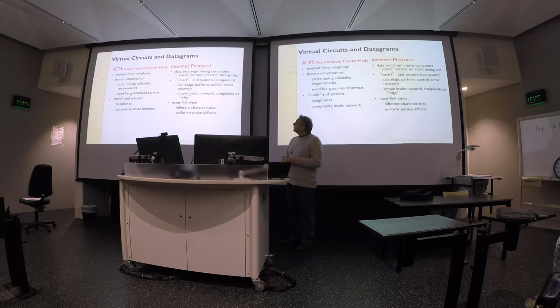Nice thing is, because it's ad hoc, it's elastic, it's best effort, there can be quite a lot of adaptation going on, quite a lot of performance controlling, packet filtering, all sorts of things like that, and a lot of complexity can be done. It's quite a free system, but anyway. There's many link types.